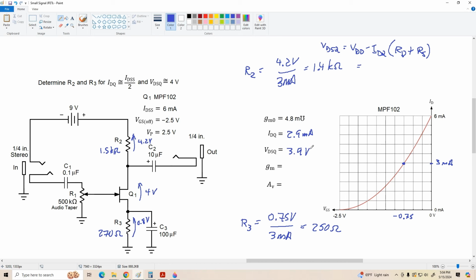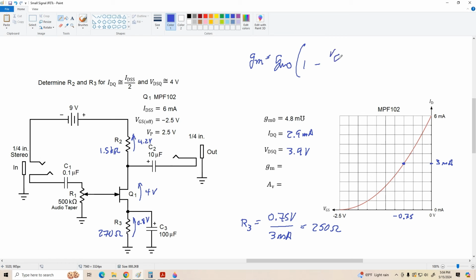3.9 volts. Now let's see what our transconductance is at the Q point. GM equals GMO times 1 minus the magnitude of VGS over VP.